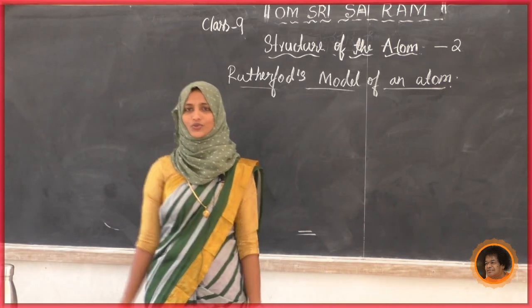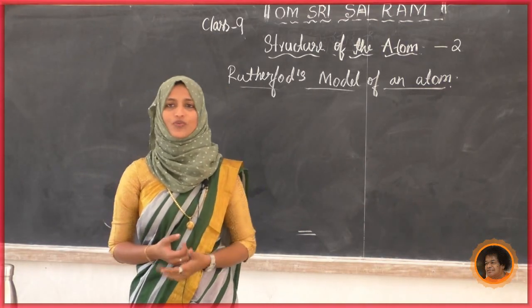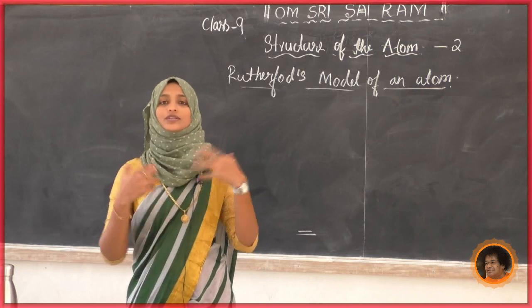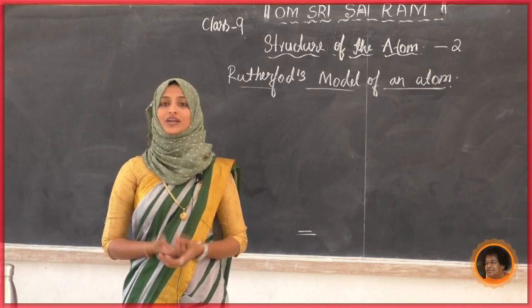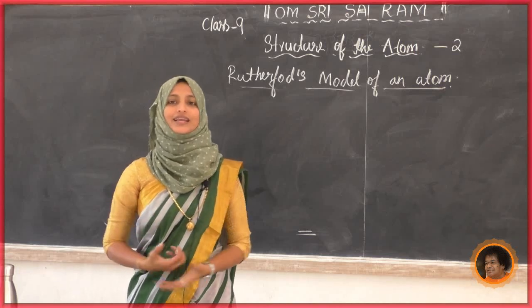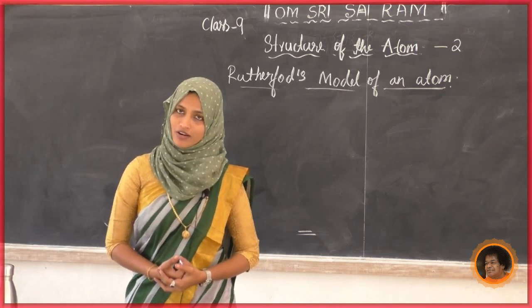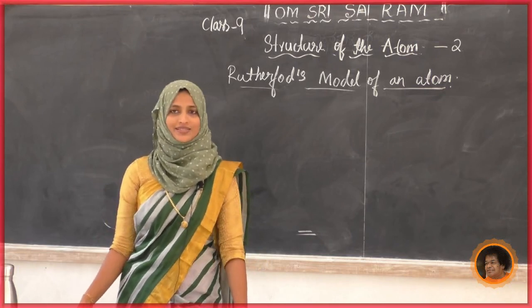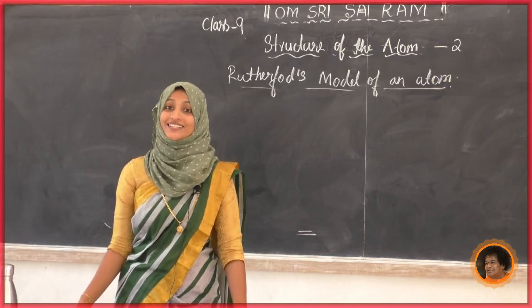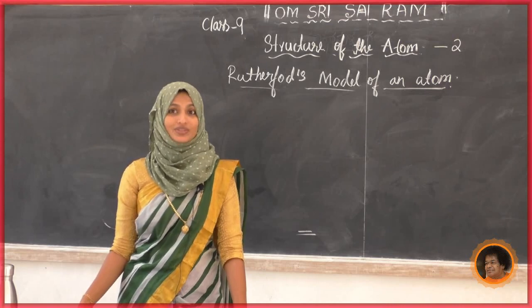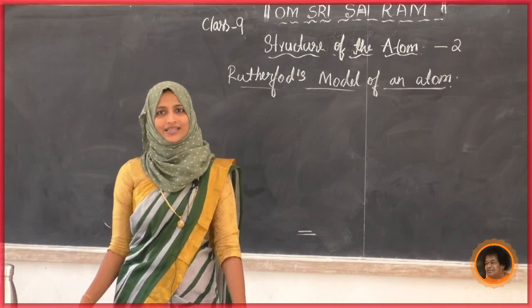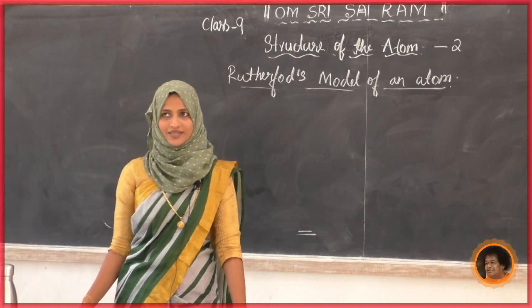His intention was to know the arrangement of electrons within an atom, the exact position where they are present. We'll see what that experiment is, and what he is doing in his experiment.